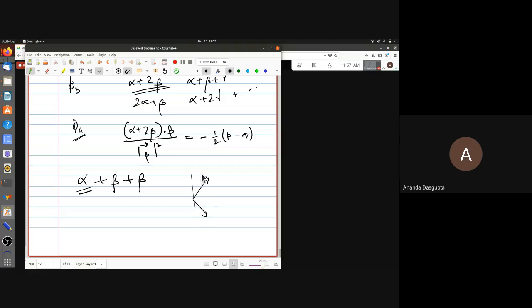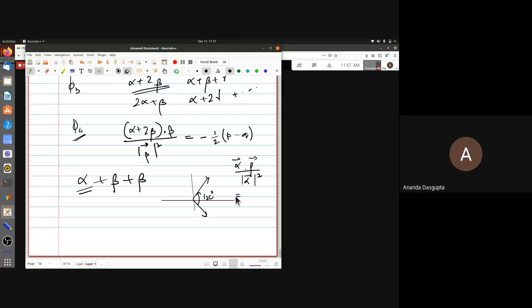Two unit vectors making an angle of 60 degrees to each other. So what is alpha dot beta by mod alpha square here? Sorry, not 60 degrees, this is 120 degrees. These are two simple vectors, simple roots. So what is the angle between them? That's 120 degrees. What is this alpha dot beta by mod alpha square?